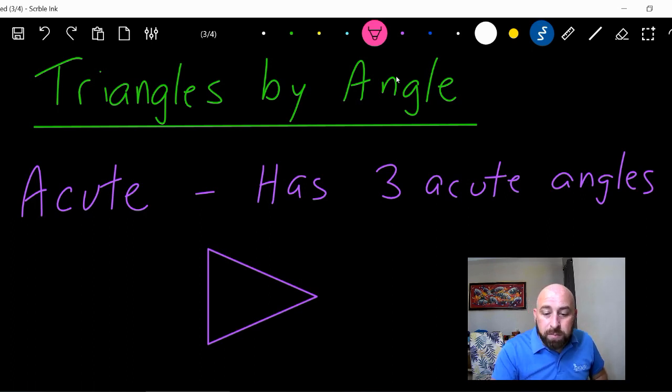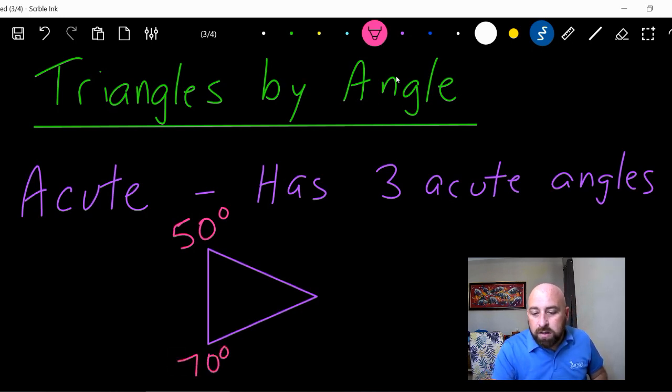For example, if this one is 50 and this one is 70, then we have 180 minus 120, because these two together equal 120. So this one would have to equal 60 degrees.